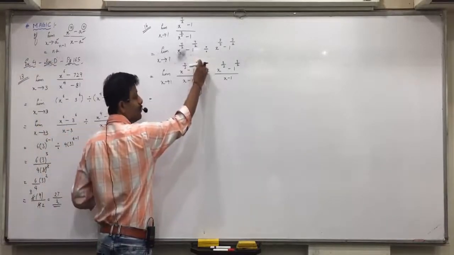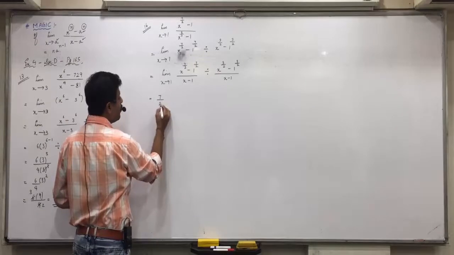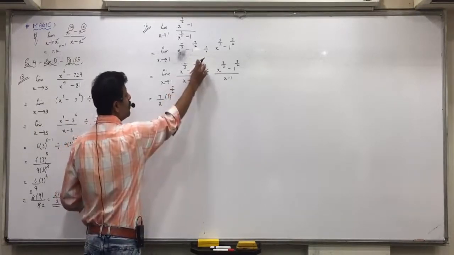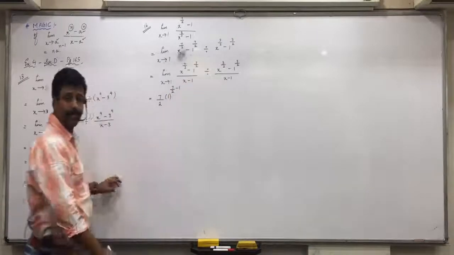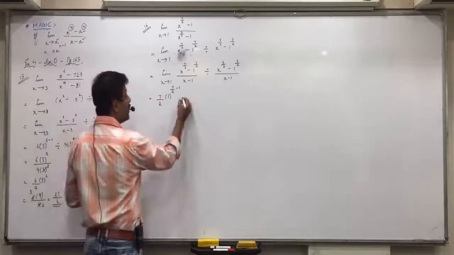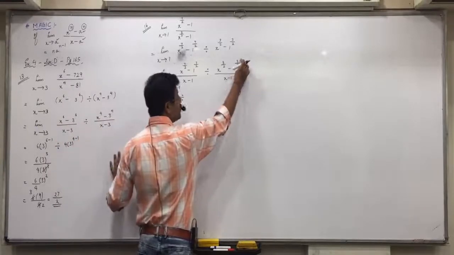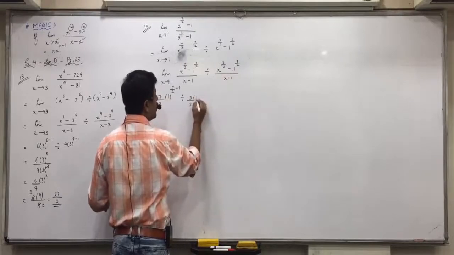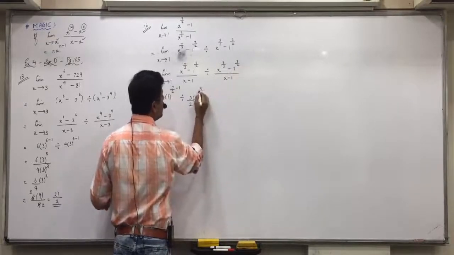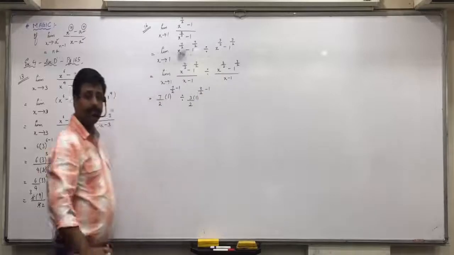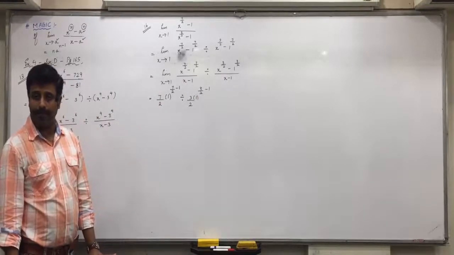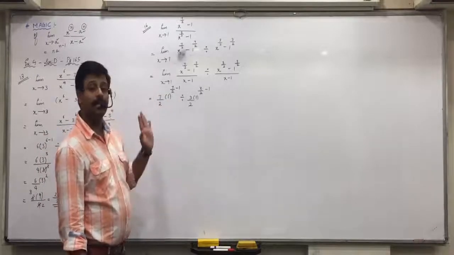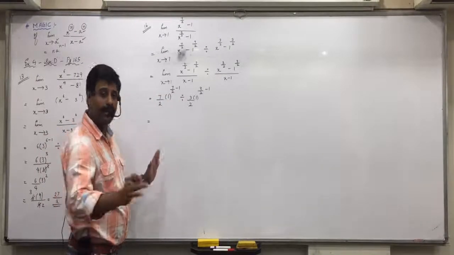Now what is n? 7 by 2 into a 1 raised to n, 7 by 2 minus 1. Divide by, what is n? 3 by 2 into a 1 raised to n, 3 by 2 minus 1. Any confusion so far? Now 1 raised to anything is 1 only, so no need to simplify.